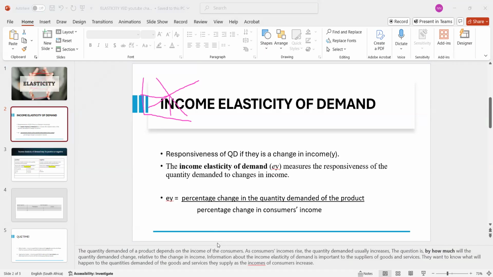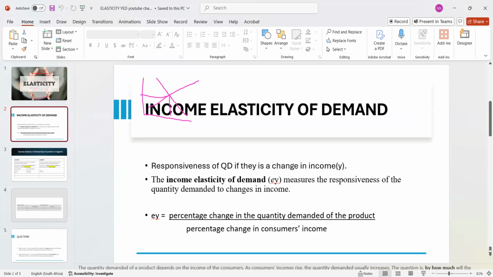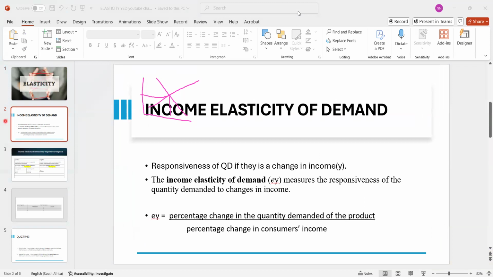We're saying the quantity demanded of a product depends on the income of the consumers. So this is what I mean. You have your demand, then you have your supply curve like this. So this is your D, this is your S.